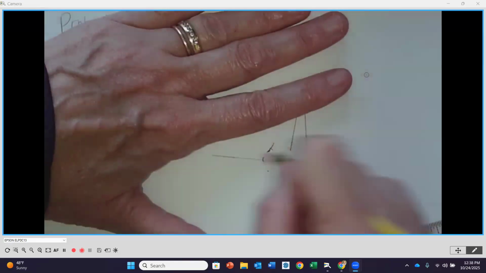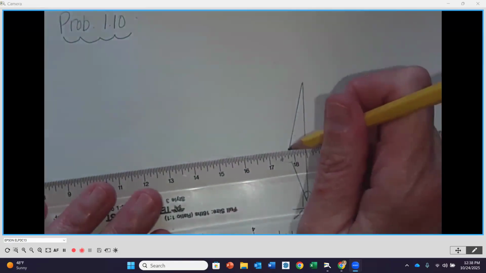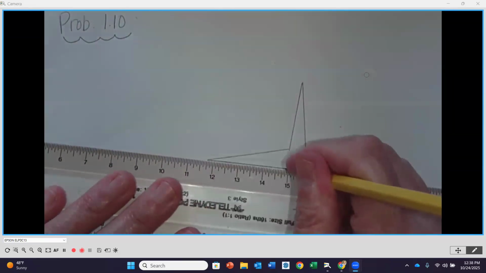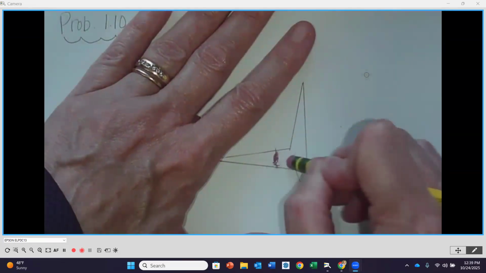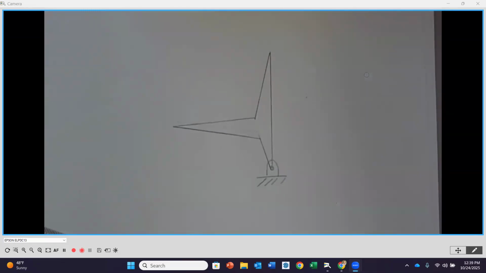Oops, that's a little further than I wanted it to go. And it doesn't have to be super perfect. Remember, this is a representation.